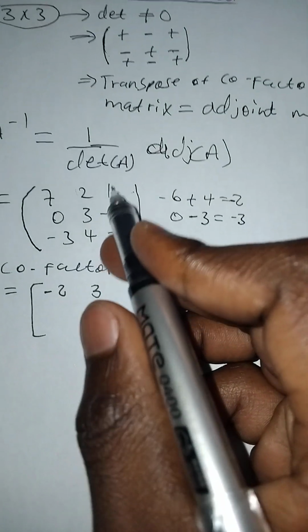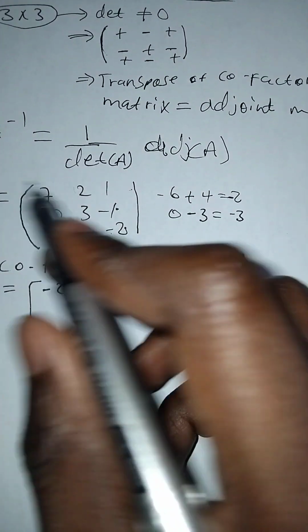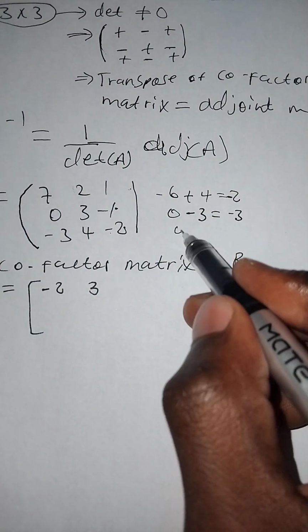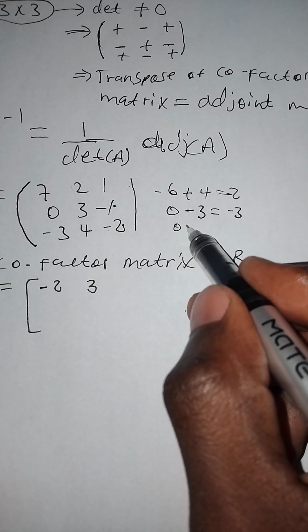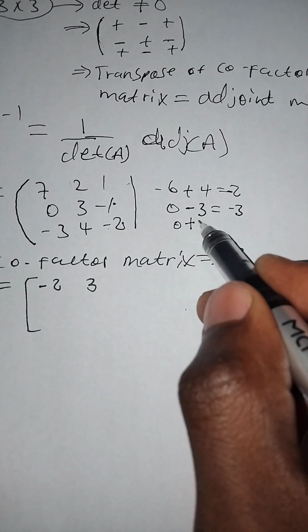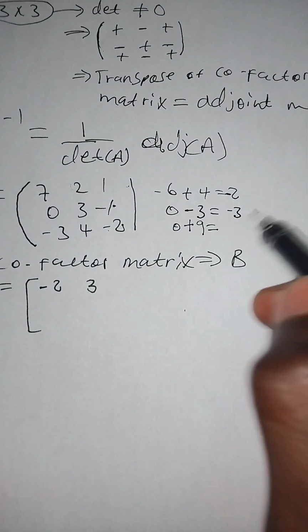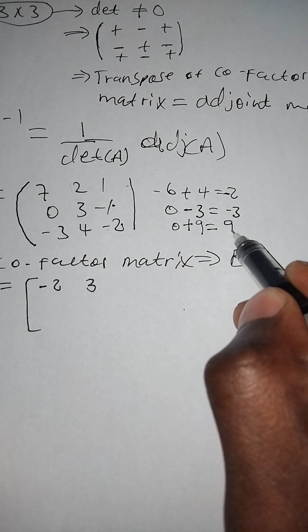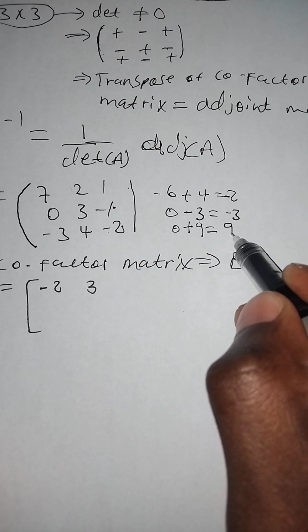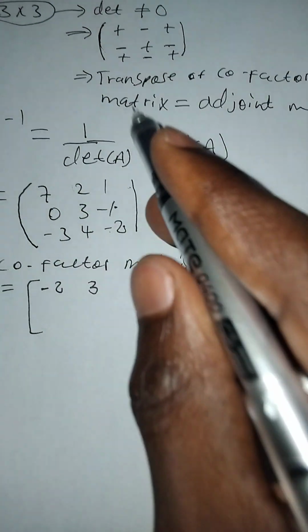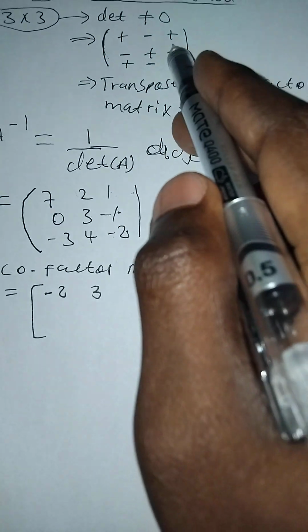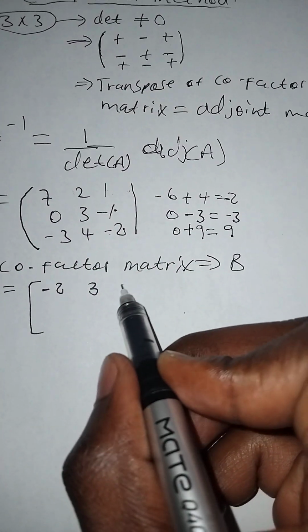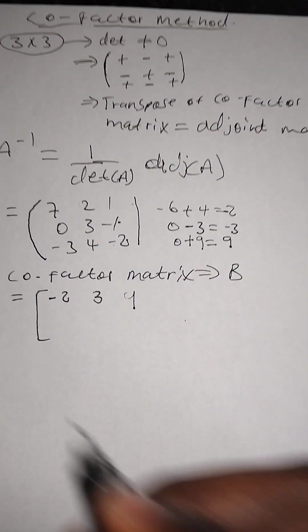Okay, so for the 1, we cancel this and that, so it's 0 and minus 9, but there's a sign there, so it's going to be plus 9, so that gives us 9. The sign here is positive, so we're going to keep it as it is. It's going to be 9.